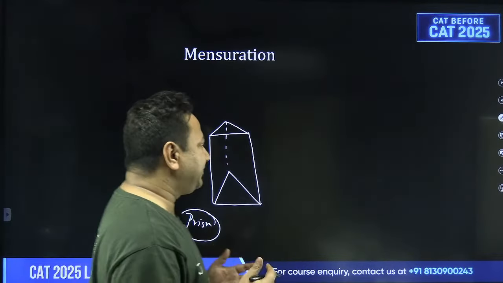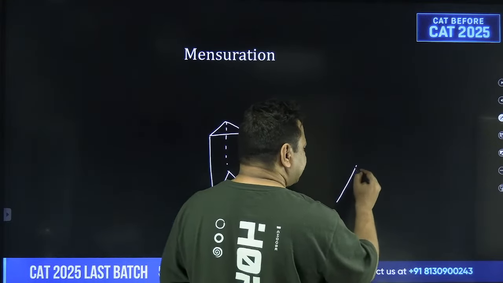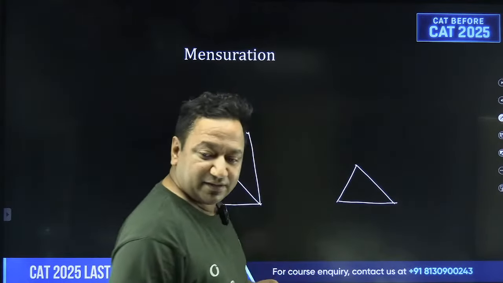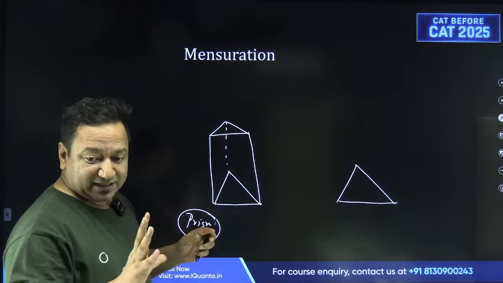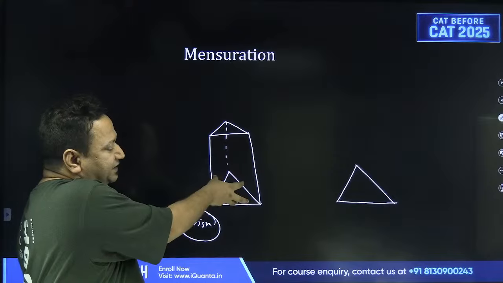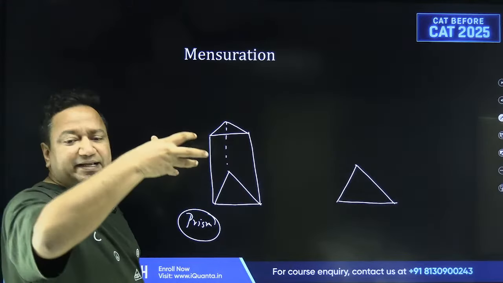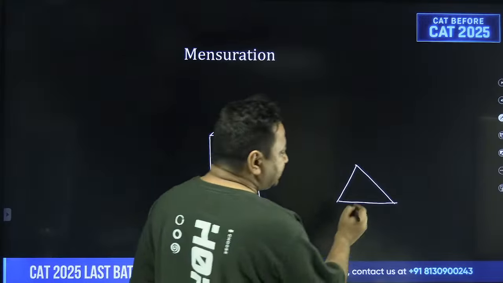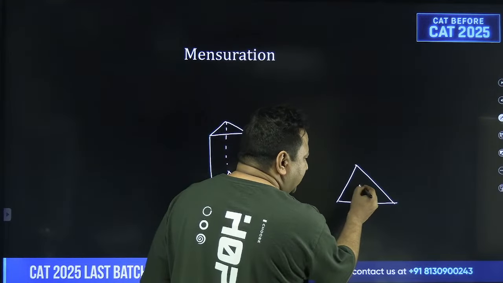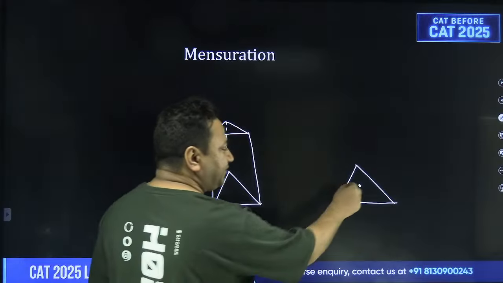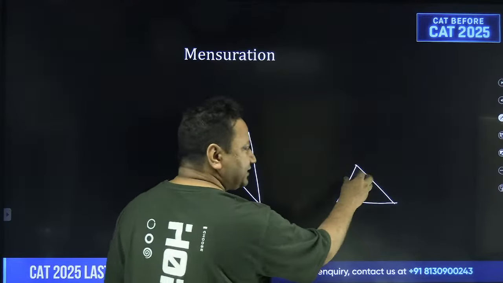But if you talk about a pyramid, this is the triangular base, and just imagine it. I am pulling out all the faces of the triangle in the third dimension. I get a prism. But here, if I just move a point inside the triangle, normally we take the centroid, and I pull it like this, only this, not the faces.